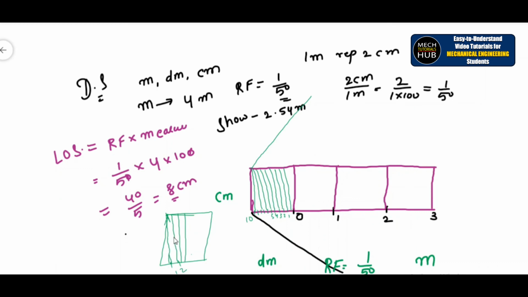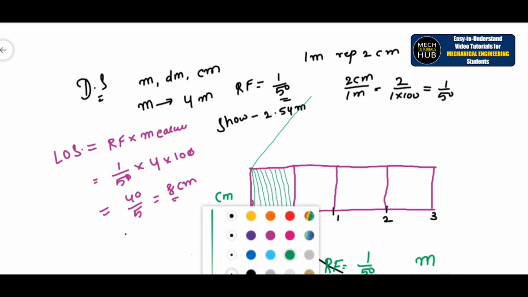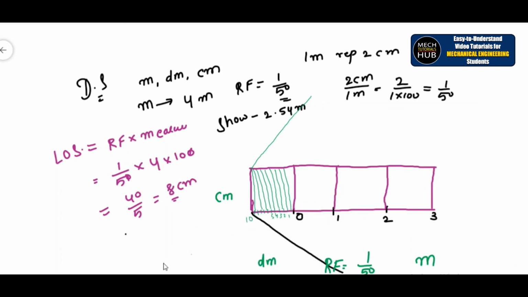So the lines are not vertical as you could see in the plain scale. They maintain some diagonality with each other, all right. Similarly, 1 decimeter is equal to 10 centimeters. Now here also, let me take some other color for this.